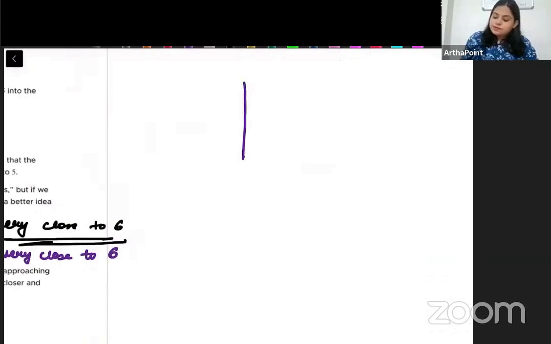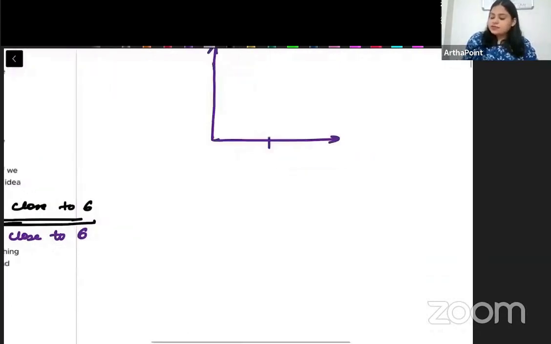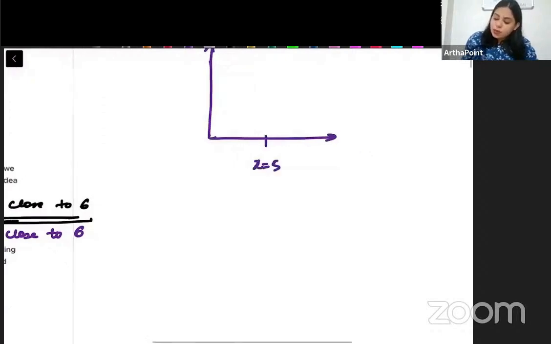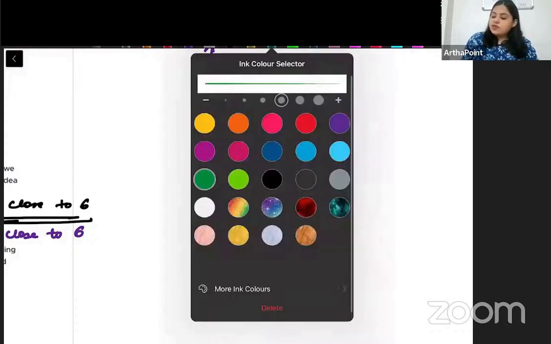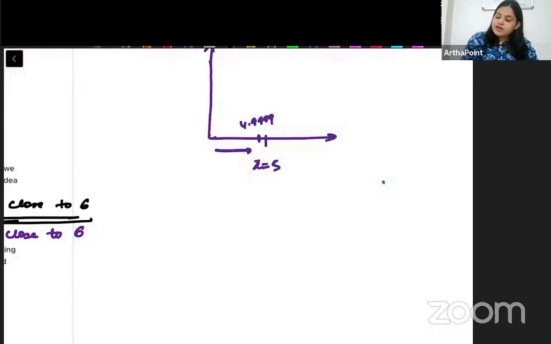Something like this. x is 5. When I approach 5, I take some number very close to 5, let's say 4.9999, or I take a value of x very close to 5 but a little more than 5.